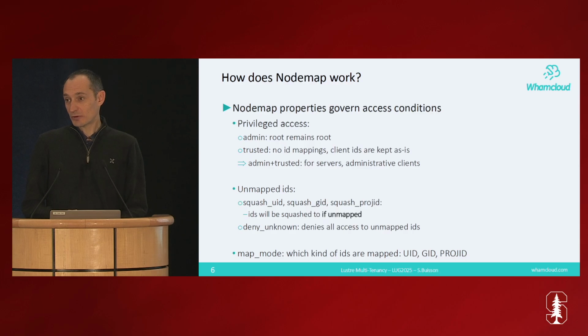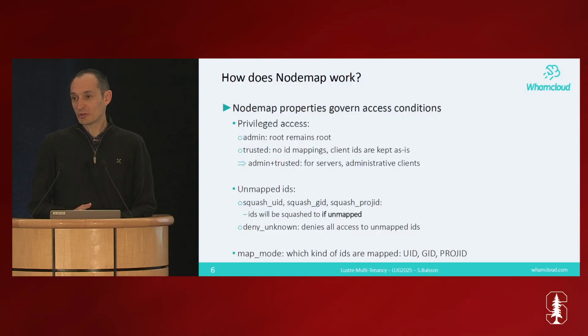And you have the trusted property, and when it is set to 1, it means that we do not touch the client IDs. We keep them as is when files are stored on disk. And if you have both admin and trusted properties set to 1, you have what we call a privileged node-map, which can be used for instance for administrative clients.